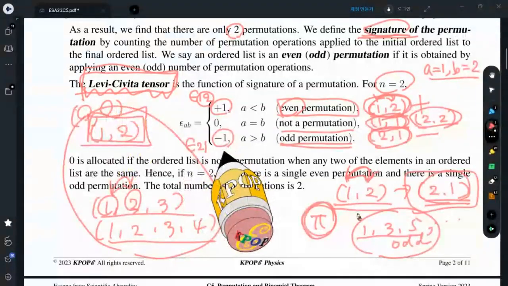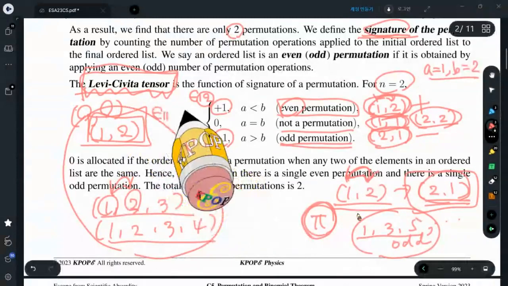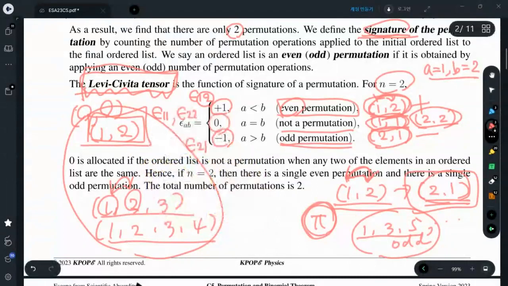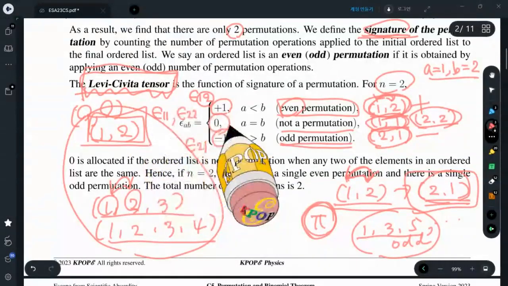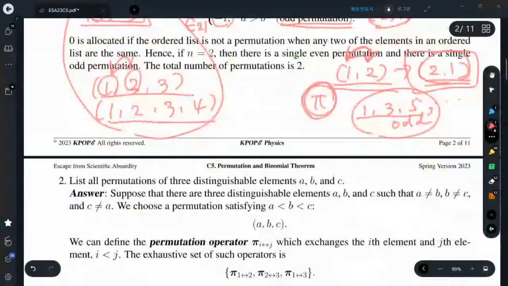If it is not a permutation, for example, epsilon 1, 1 or epsilon 2, 2, these two cases are removed by setting their values to be 0. This is very, very important.